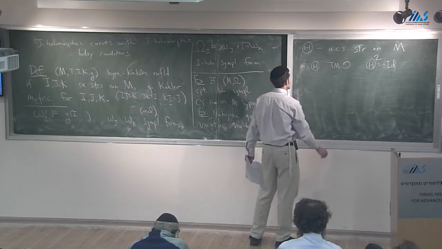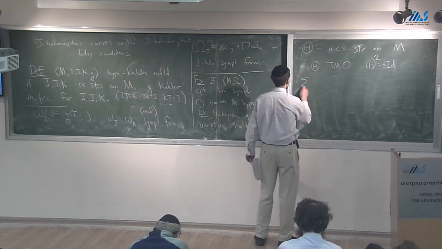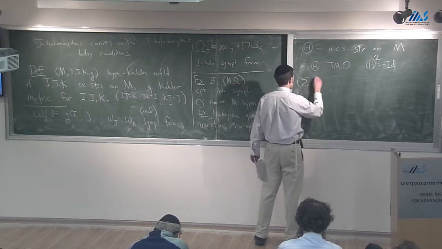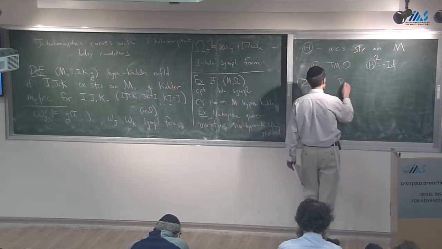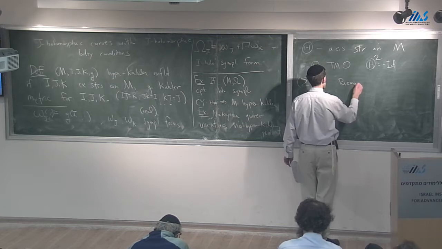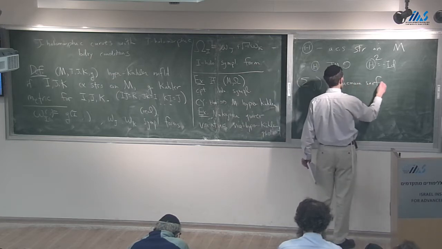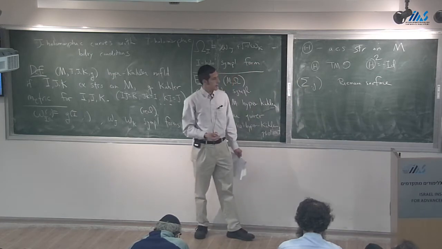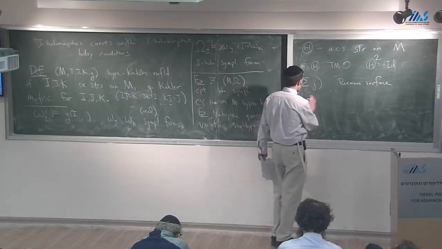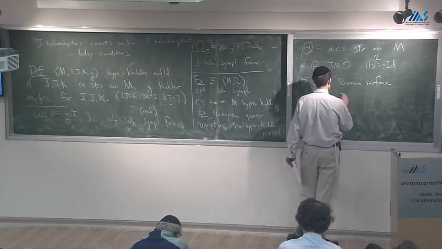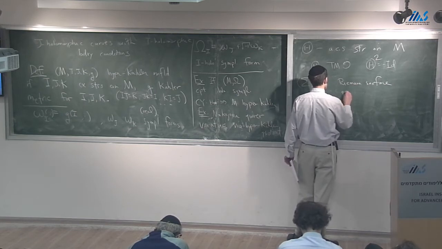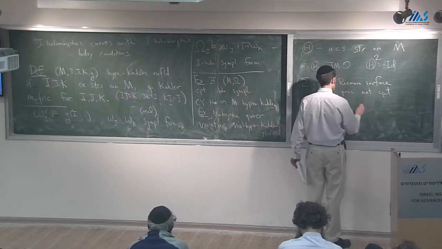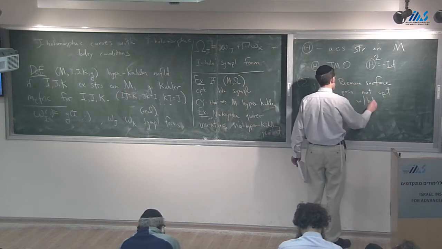Then let's suppose that Sigma, with complex structure little j, is a Riemann surface, possibly not compact, possibly with boundary.